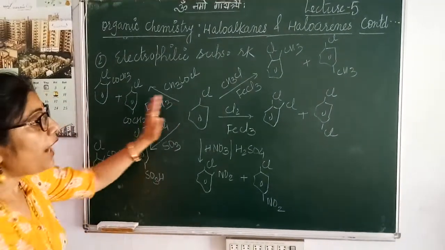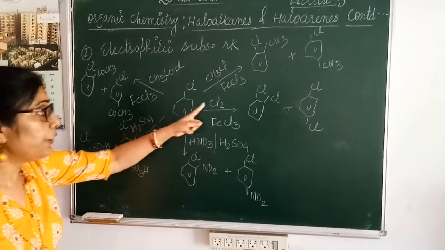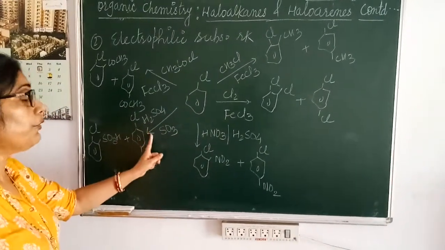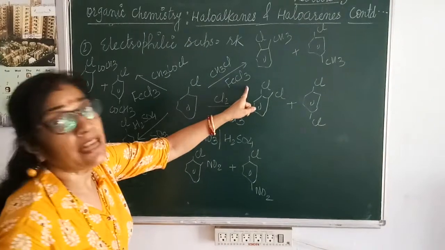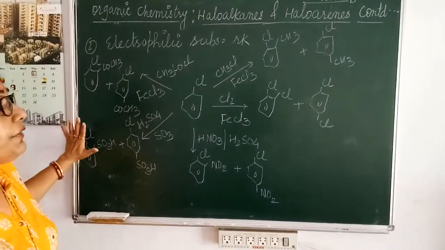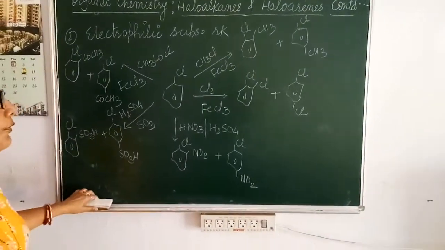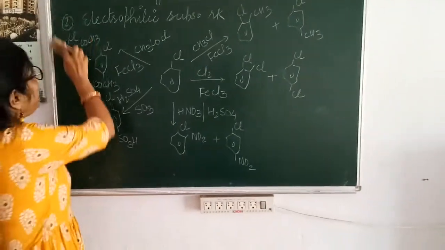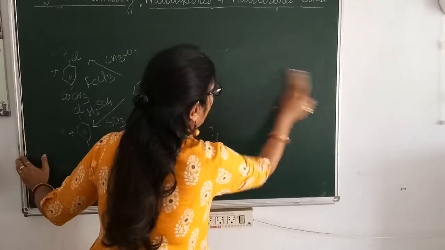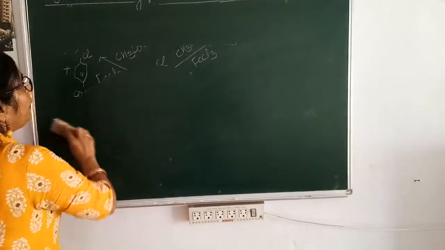So all the 5 electrophiles you can see: halogenation, nitration, sulfonation, Friedel-Crafts alkylation and Friedel-Crafts acylation. In all these 5 cases, the electrophile is occupying the ortho and para positions.